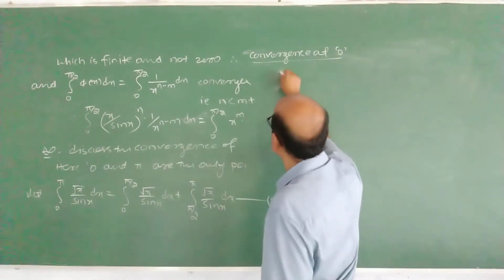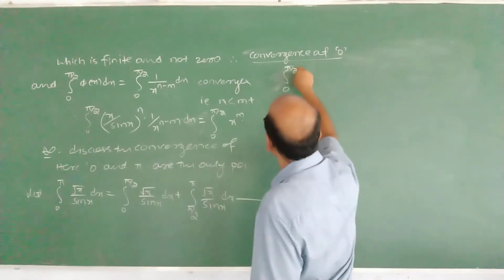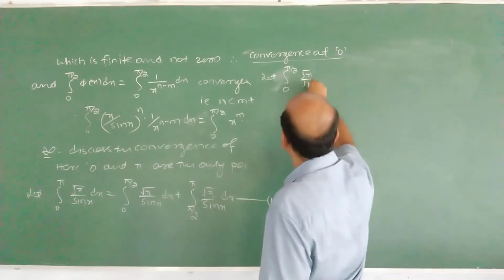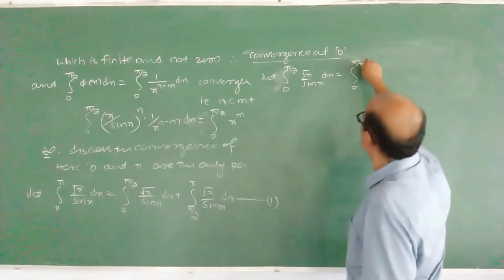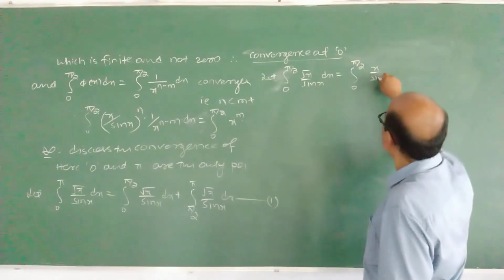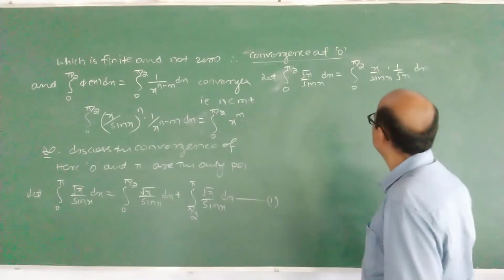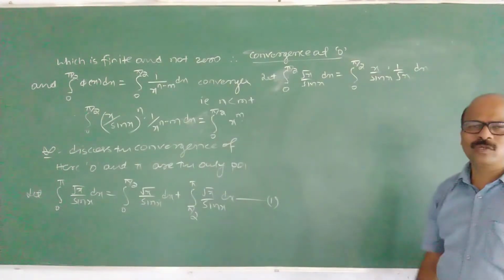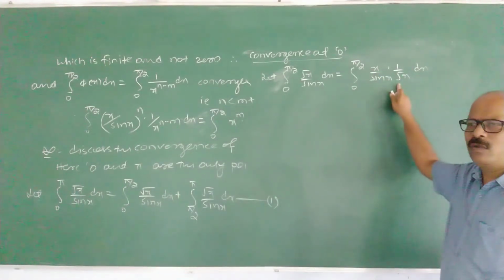For that, we consider integral 0 to pi by 2 root x by sin x, which equals integral 0 to pi by 2 of x by sin x times 1 upon root x. Correct? We have multiplied and divided by root x.